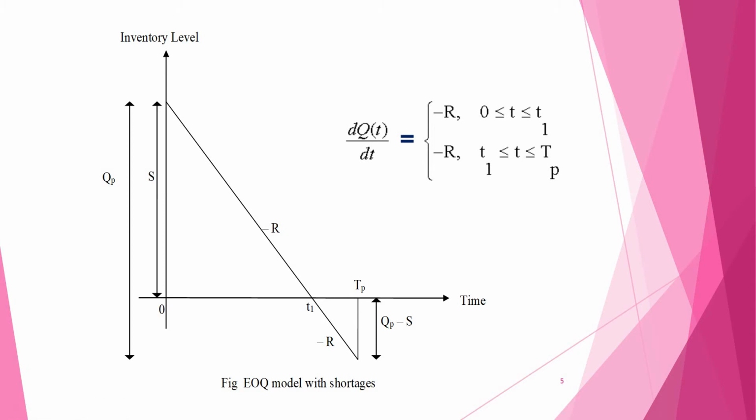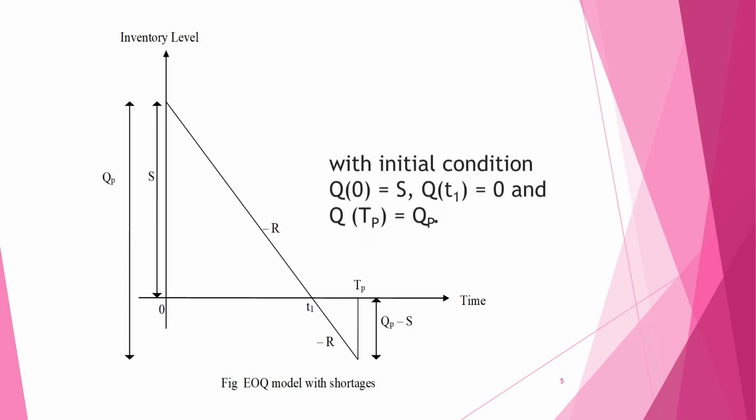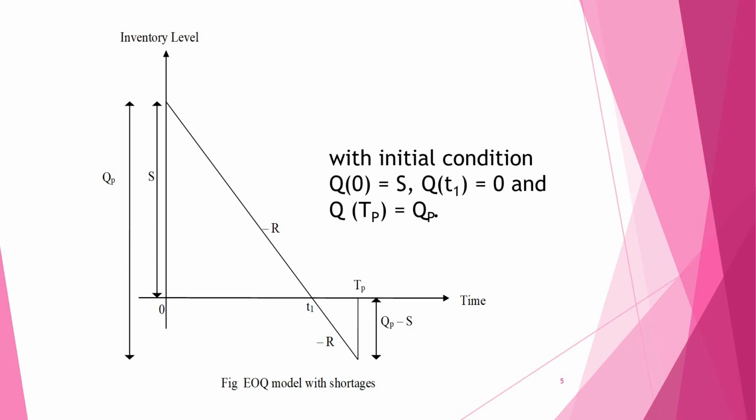faces shortages. So correspondingly the differential equation for the rate of change is negative R between 0 to T1 and negative R between T1 to TP, with initial condition Q0 equal to S. Again the inventory level depletes to 0 at T1, so Q of T1 is equal to 0 and Q of TP is equal to QP.